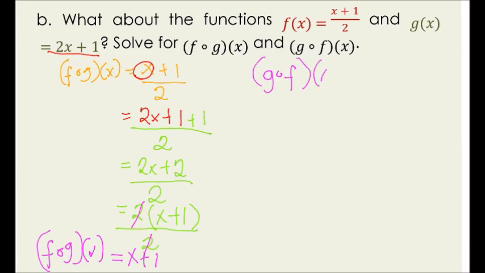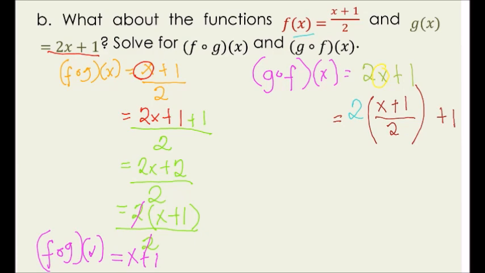Next, how about g of f of x? Okay, we have here function g, which is 2x plus 1. We're going to replace x with the value of f. So that will be 2 times x plus 1 over 2, plus 1.